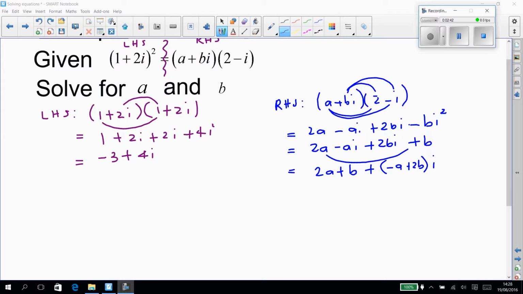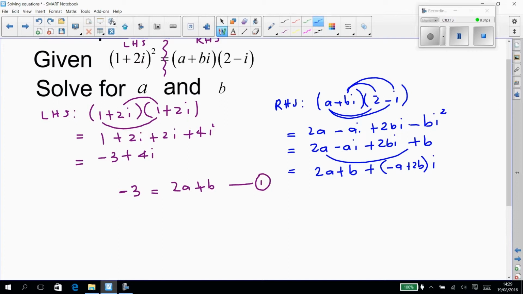So I have two equations. The first equation is me grouping the real numbers together, and the second equation is me grouping the imaginary numbers together. So I'm going to say negative 3, the real number on the left-hand side, equals 2a plus b, and this is equation 1.